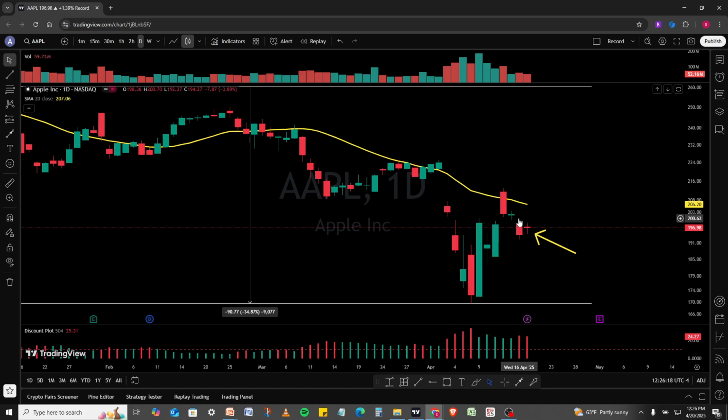So if we draw a trend line around this area, we will see some activity between these two bars in the following days. If the stock price breaks either the low or high of this trend line that I've drawn, we should see some price momentum following one way or the other.